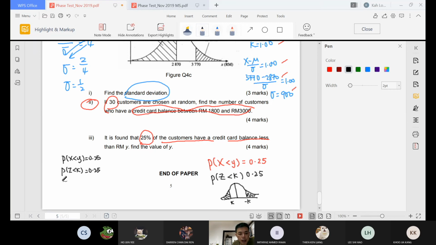Then you have a diagram. You know that you are going to reflect to negative k, also 0.25 because the area is the same. Now you have to find the middle part. So you will take 0.5 minus 0.25, or still 0.25.